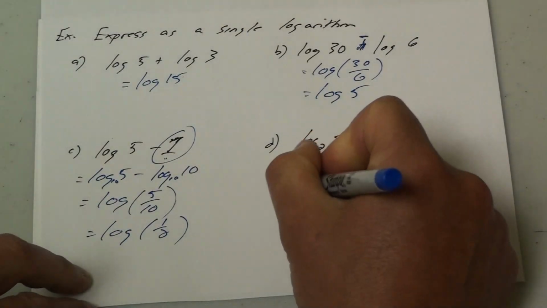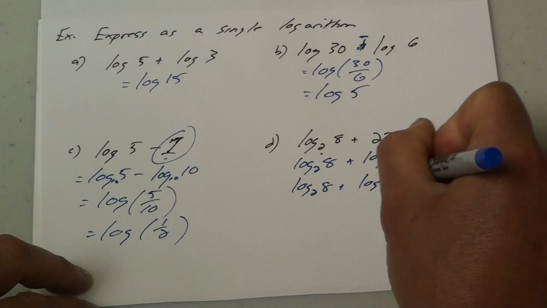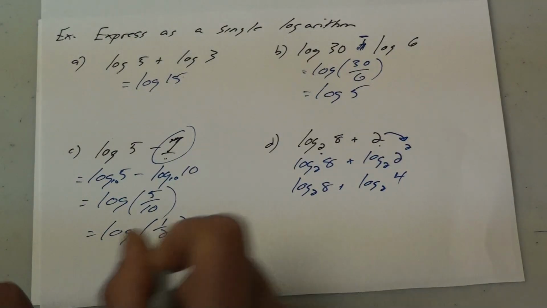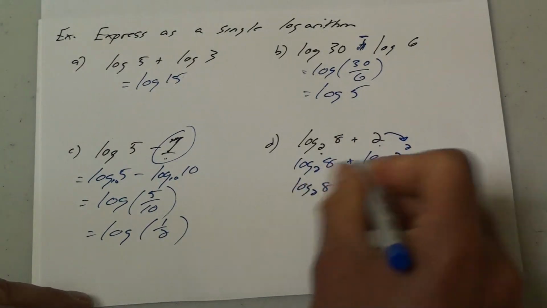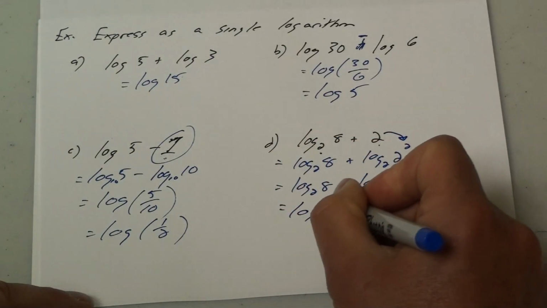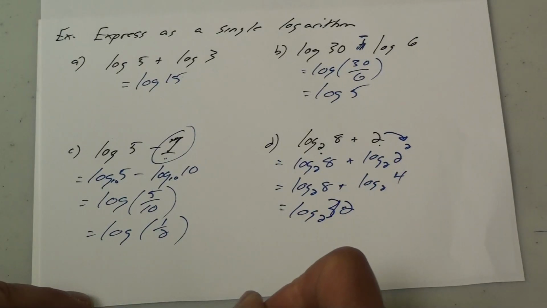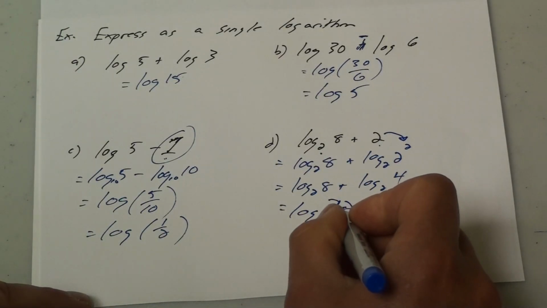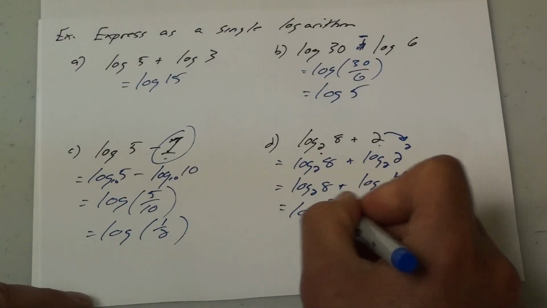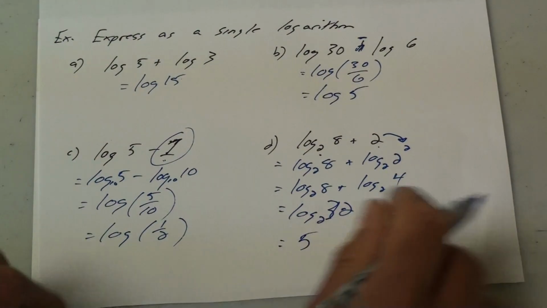So that would become log base 2 of 8 plus log base 2 of 4. Now I'm adding, which means I can multiply to get down to one logarithm, and that would become 32. And log base 2 of 32, well hey, I can simplify that because 32 is 2 to the exponent of 5, and so my answer is simply 5.